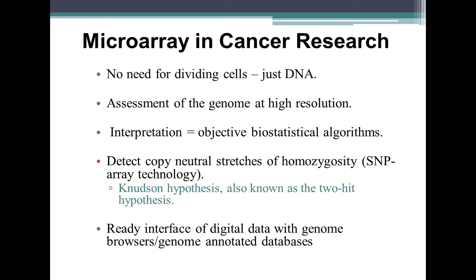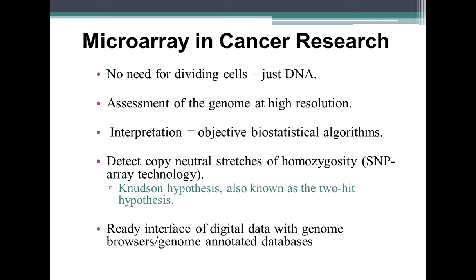So lastly, the need for microarray in cancer research is critical because as compared to other technologies we have been using, we don't need the dividing cells, just the DNA from the target neoplastic cells. The assessment of the genome is at extremely high resolution in SNP arrays. The interpretation is objective and is based on biostatistical algorithms, so there is very little human bias.